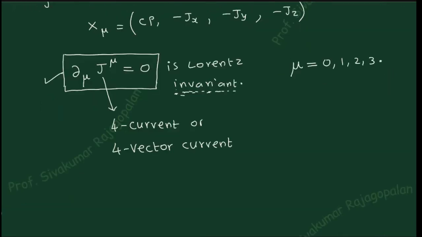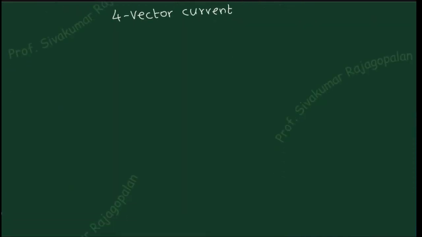So maybe I will take another equation. Maybe the potential equation I can take, or let me start with the Lorentz gauge, which I think is the important equation. The Lorentz gauge condition is a very important condition in electrodynamics. What is that condition?